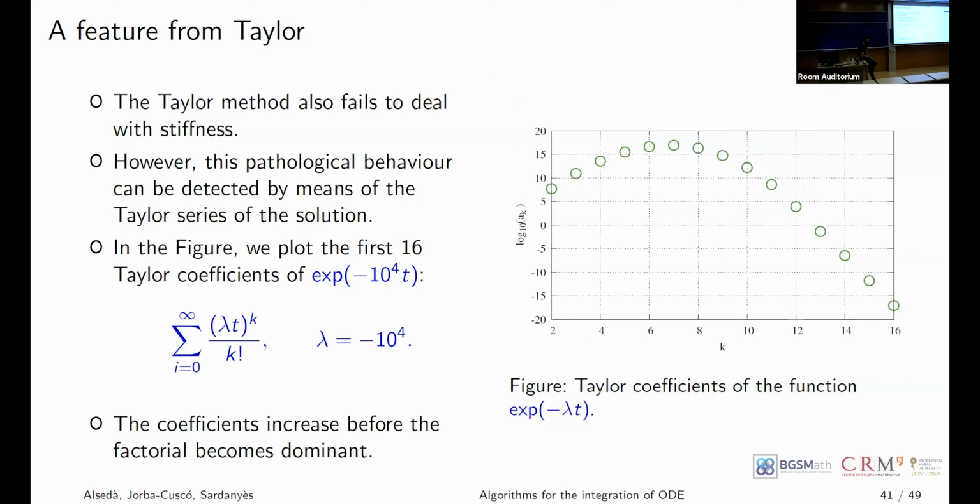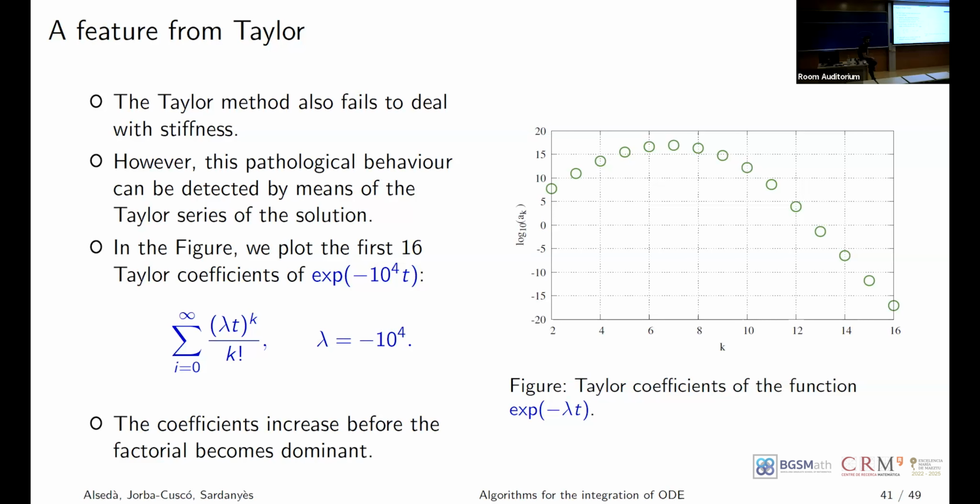I don't claim that there are not many others, but in principle, you can use your Runge-Kutta stepper to build up an approximation of the Taylor expansion. It's hard as hell, but you can do that.